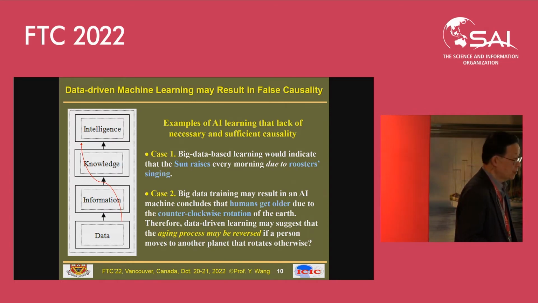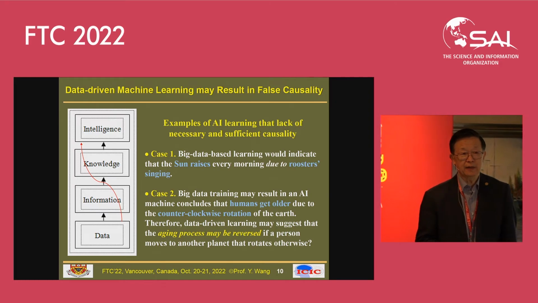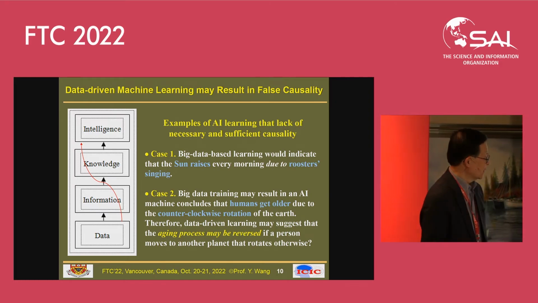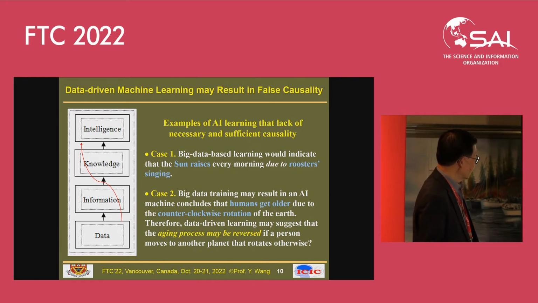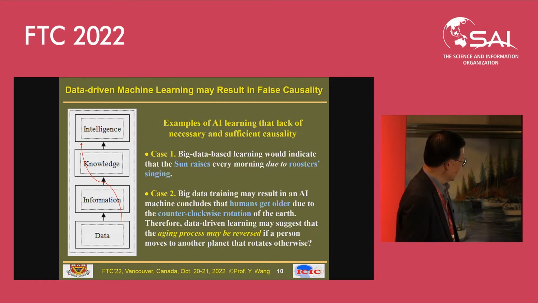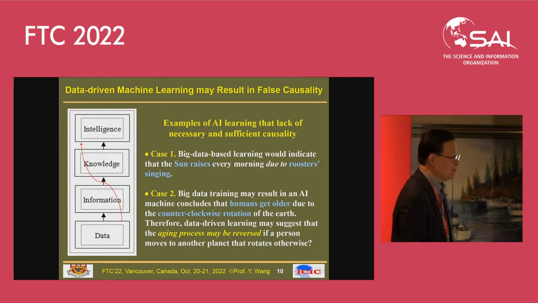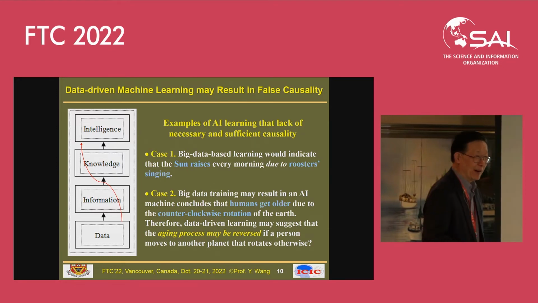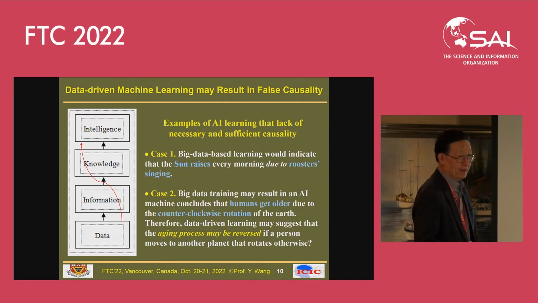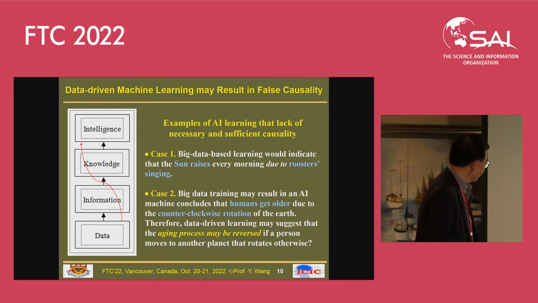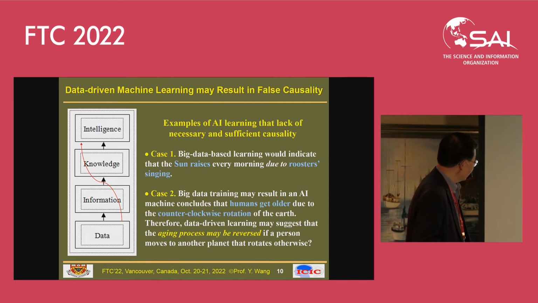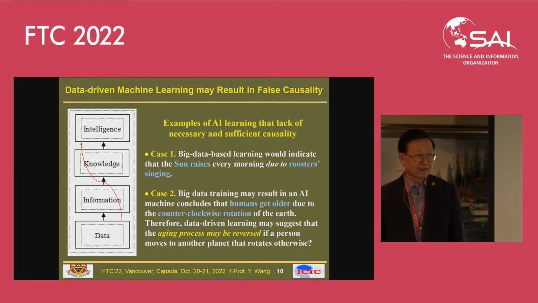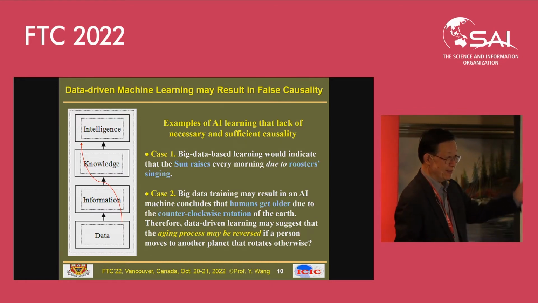For example, if you just base on big data-driven technologies, the machine reasoning in AI will suggest to us why the sun will rise every day except today. Because the roosters sing in the morning, that will cause the sun rising.